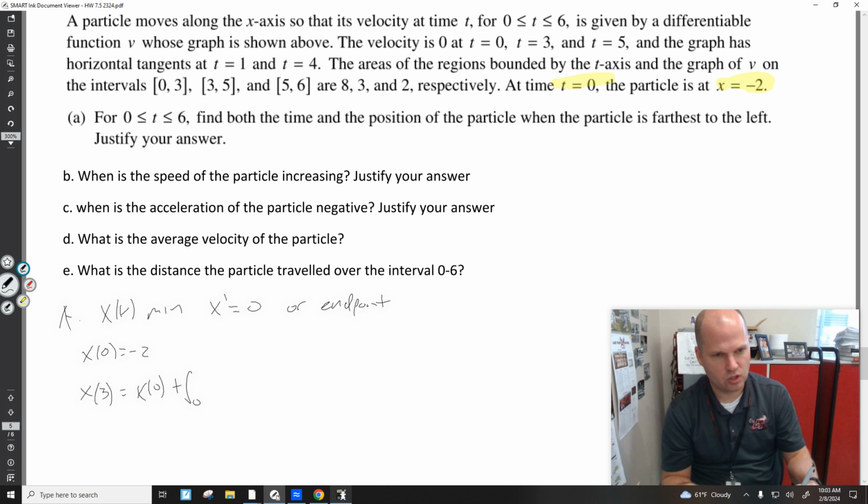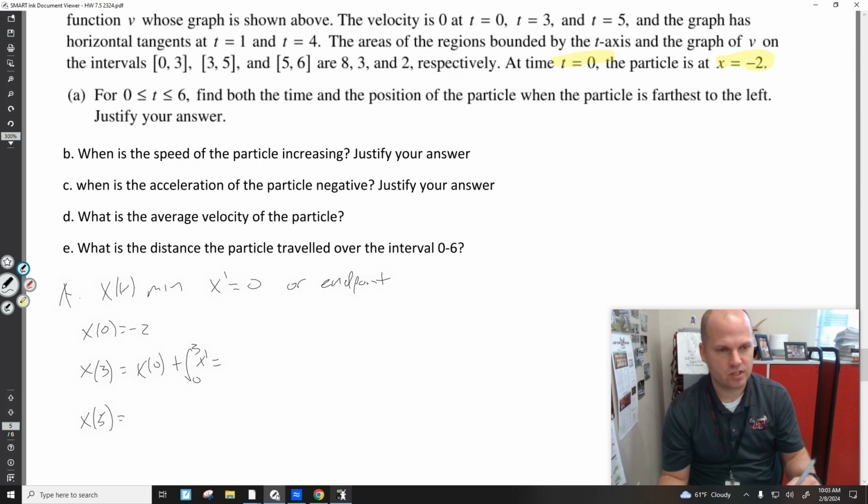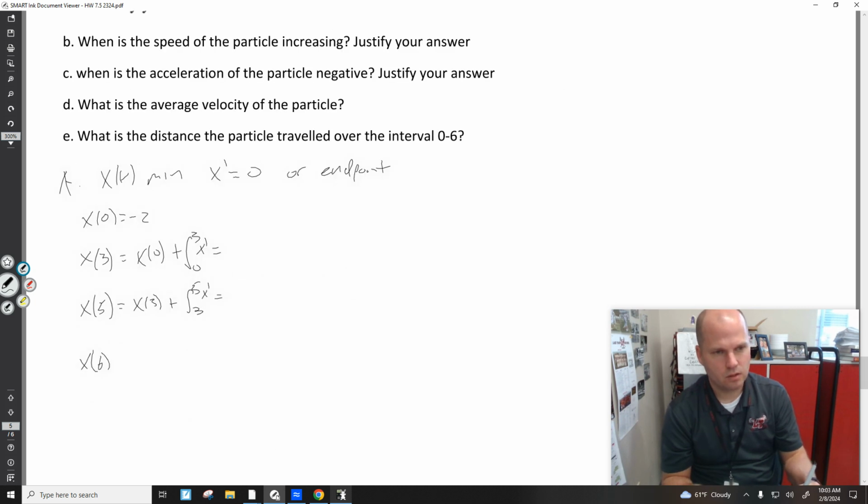You added the accumulation from 0 to 3. Just keep going. Might as well finish off with the work. We have x of 3 plus the integral from 3 to 5. We got x of 6, which is x of 3 plus 3 to 5 plus 5 to 6.